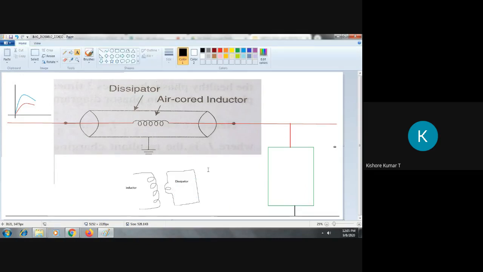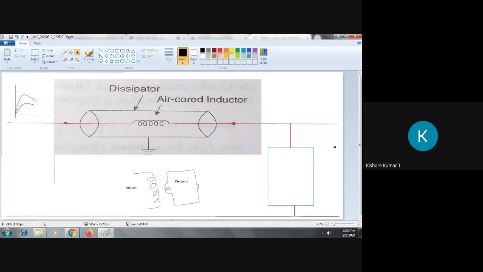Now what happens when the transformer secondary is short circuited? Whatever may be the energy that is transferred from primary to secondary will be wasted in the form of which loss? Heat.